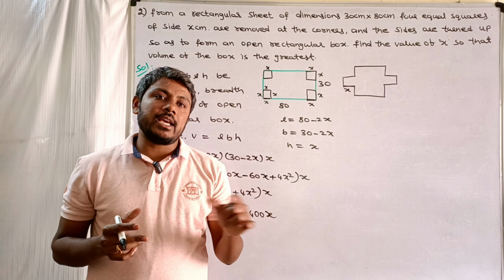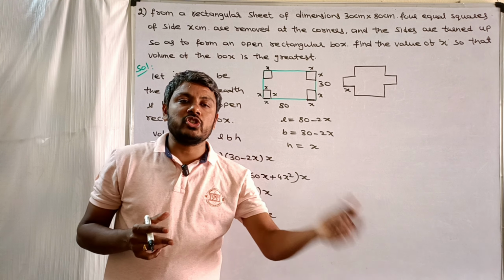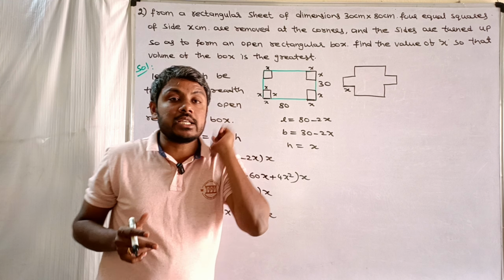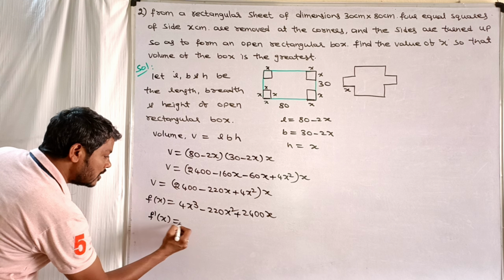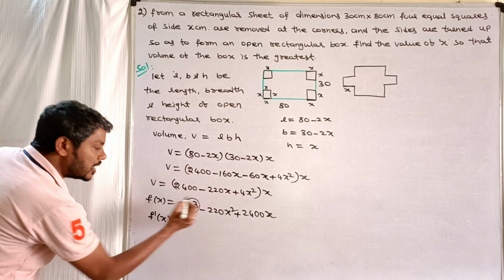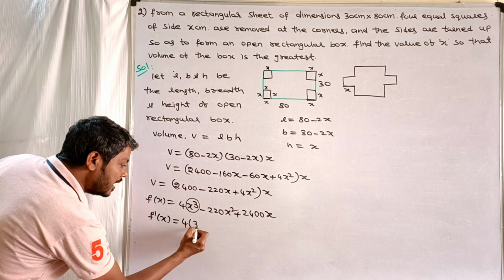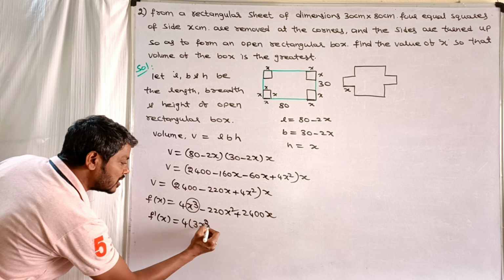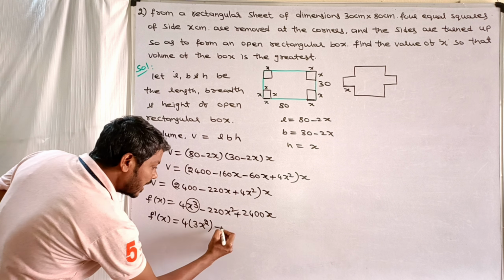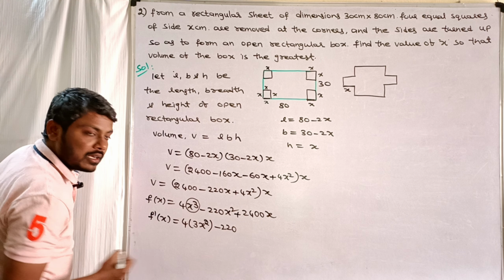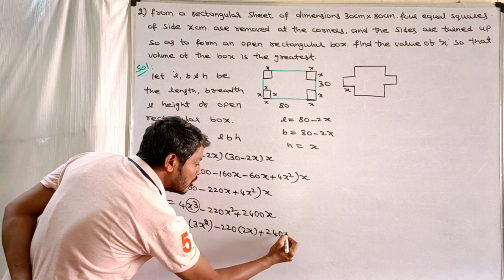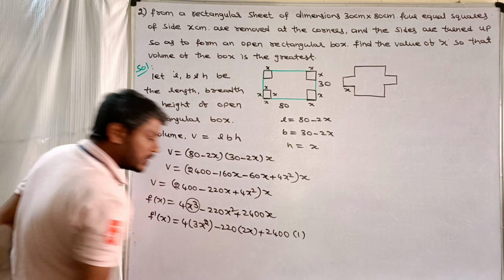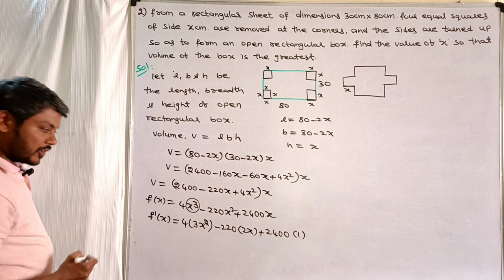For minimum or maximum, f dash of x equals 0. So to find f dash of x first, clearly what is f dash of x? 4 into the derivative of x cube, 3 into x power 3 minus 1, that is 2, minus 220 into the derivative of x square, that is 2x, plus 2400 into the derivative of x, 1. So this is f dash of x.